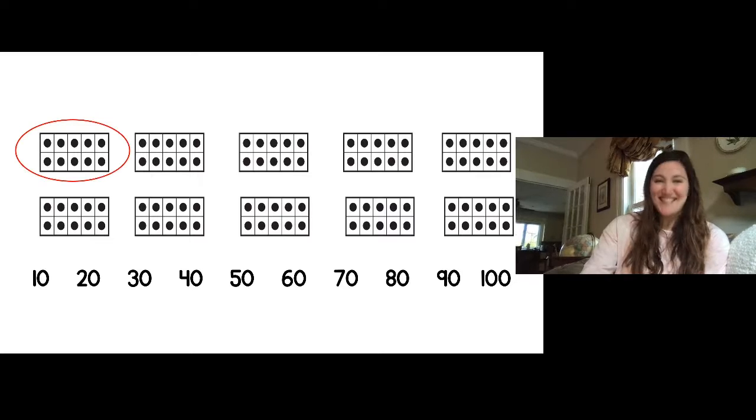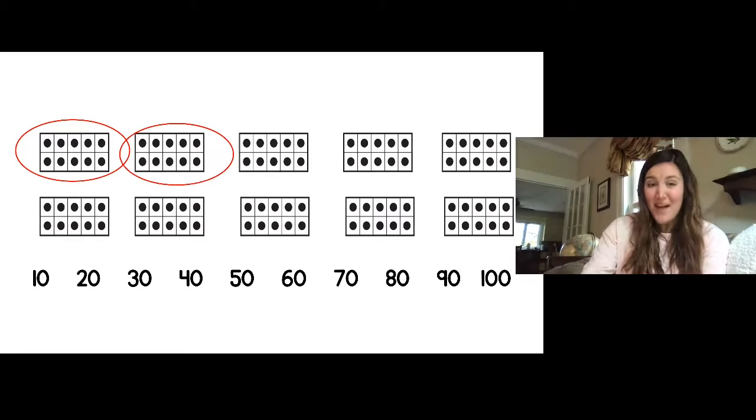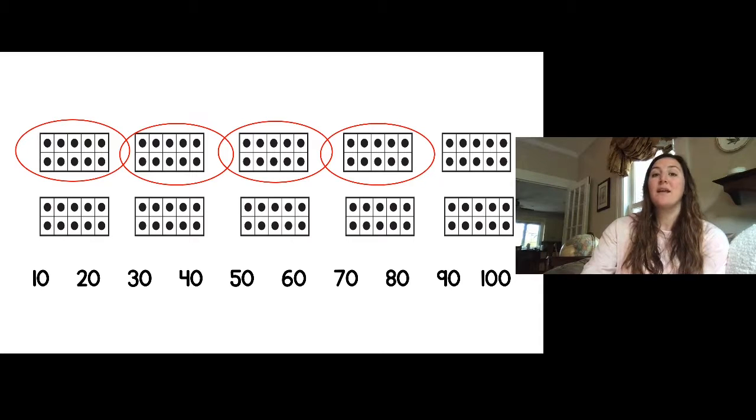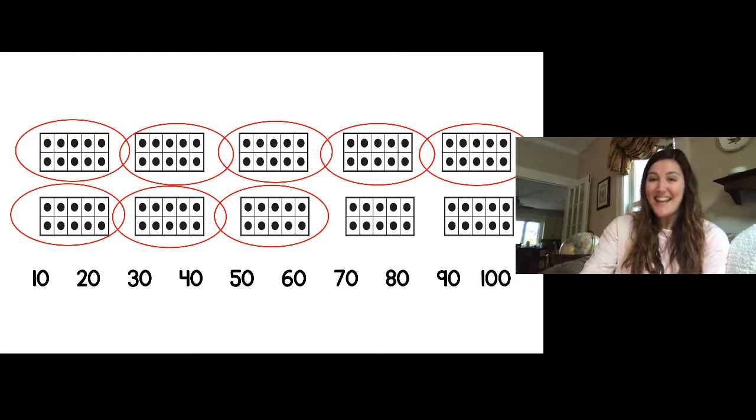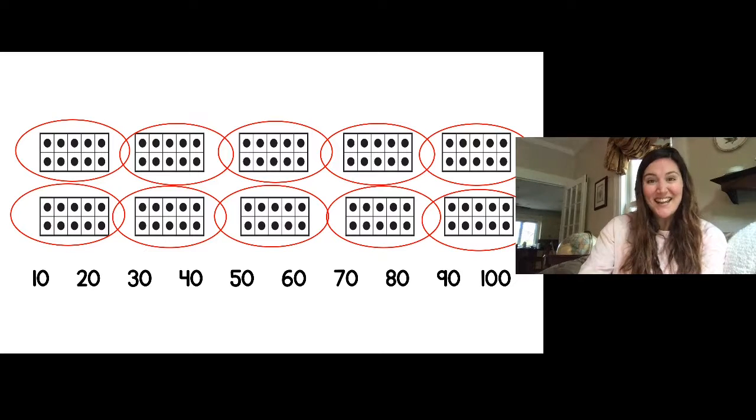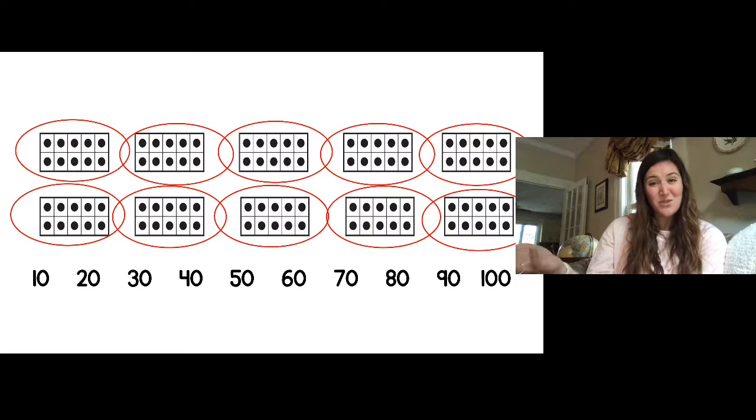Ready? 10, 20, 30, 40, 50, 60, 70, 80, 90, 100. How many? Yeah, 100. So what number do we need to circle?